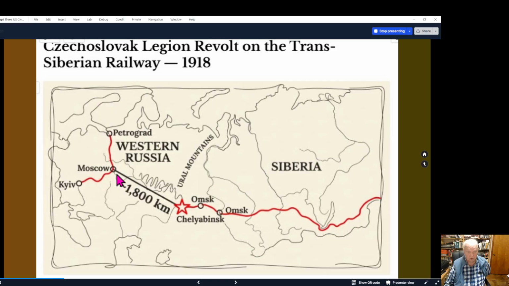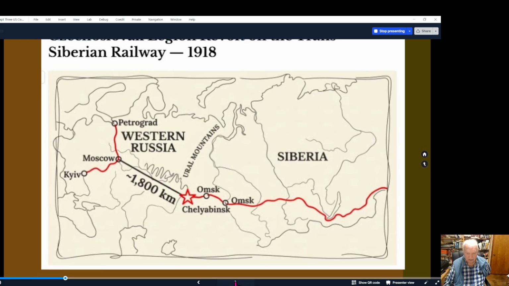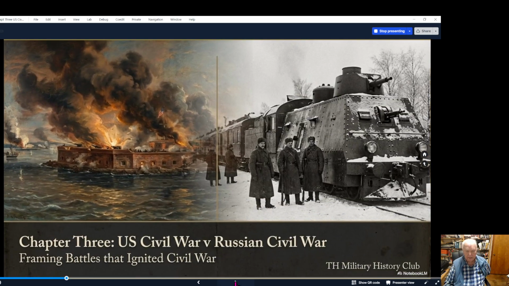And so it's a long way from Moscow, but it's in the Ural Mountains. And they go as far as Samara, I believe, which is on the Volga River. It should be the Volga River right here. This is the Don over here. And so this is a major threat to the Bolsheviks, and they now have to contend against it.